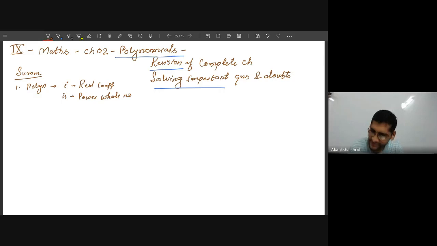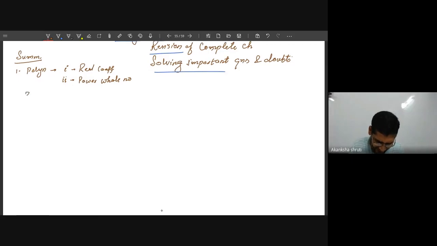So with this we had written the condition that the general polynomial p(x) is denoted by a0 x to the power n plus a1 x to the power n minus 1 plus a2 x to the power n minus 2.